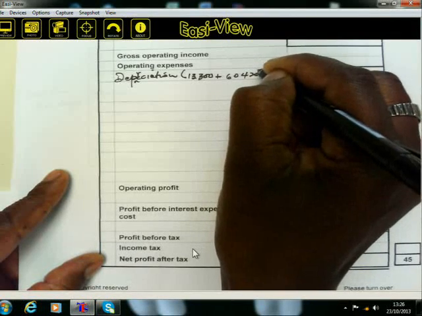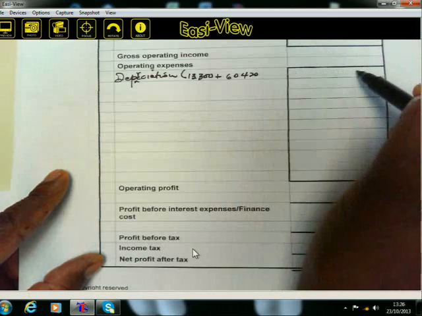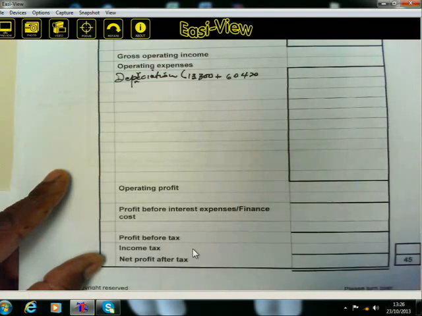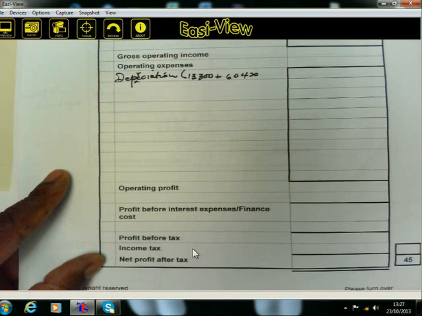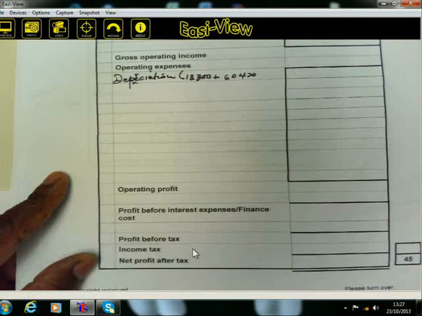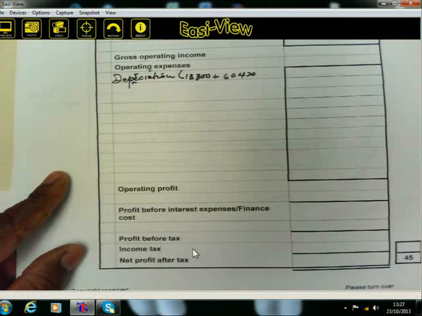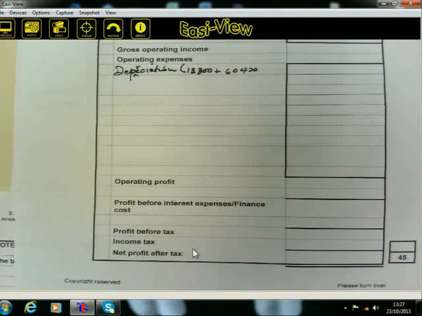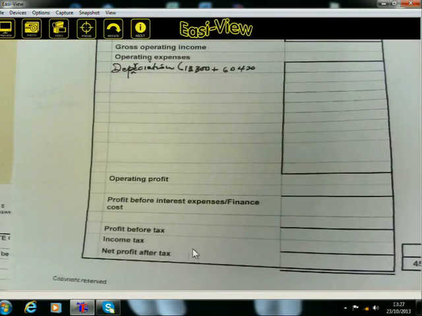I cannot enter the amount here because I still have to calculate the depreciation for the equipment. Remember that the equipment also has to depreciate. So I'm still going to calculate the depreciation on equipment.